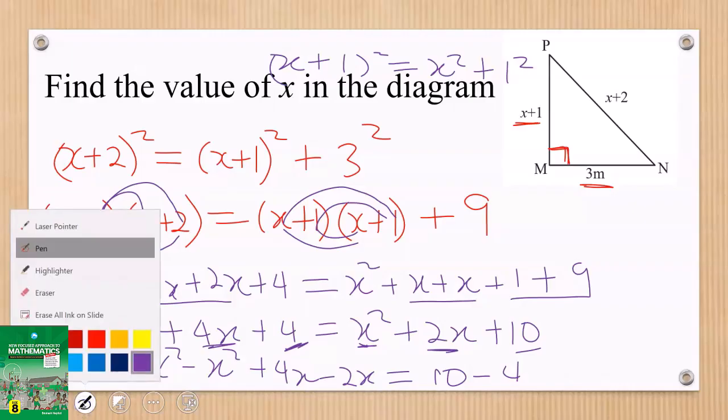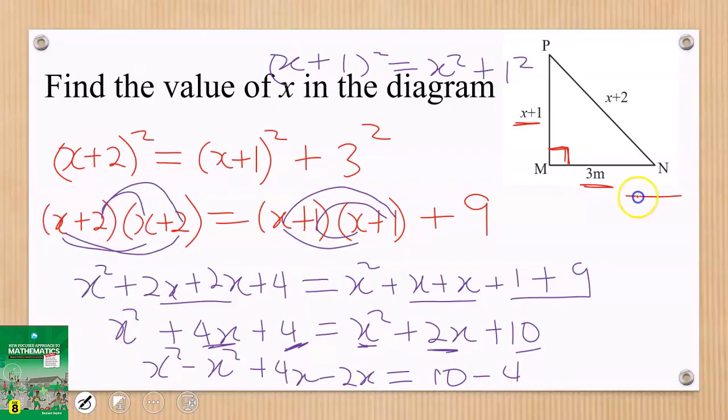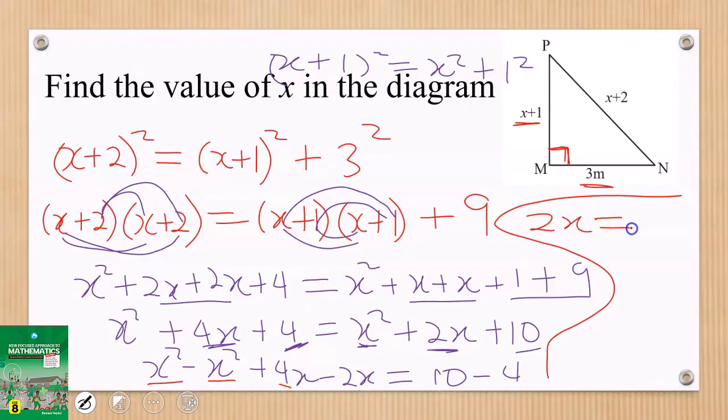Now with this, x squared minus x squared will give me 0. 4x minus 2x will give me 2x. It is equal to 10 minus 4, which is 6. So I have 2x equals 6.